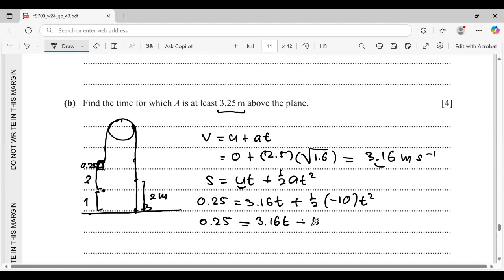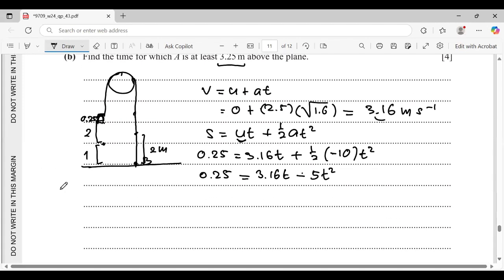So it becomes minus 5t squared. So this equation becomes 0.25 equals 3.16t minus 5t squared, which rearranges to 5t squared minus 3.16t plus 0.25 equals 0. So this is a, this is b, and this is c.